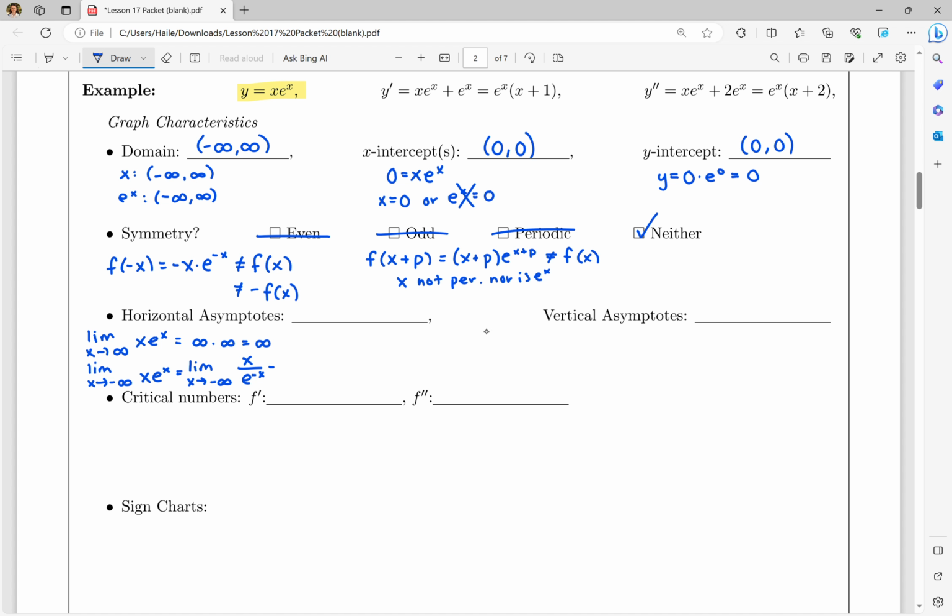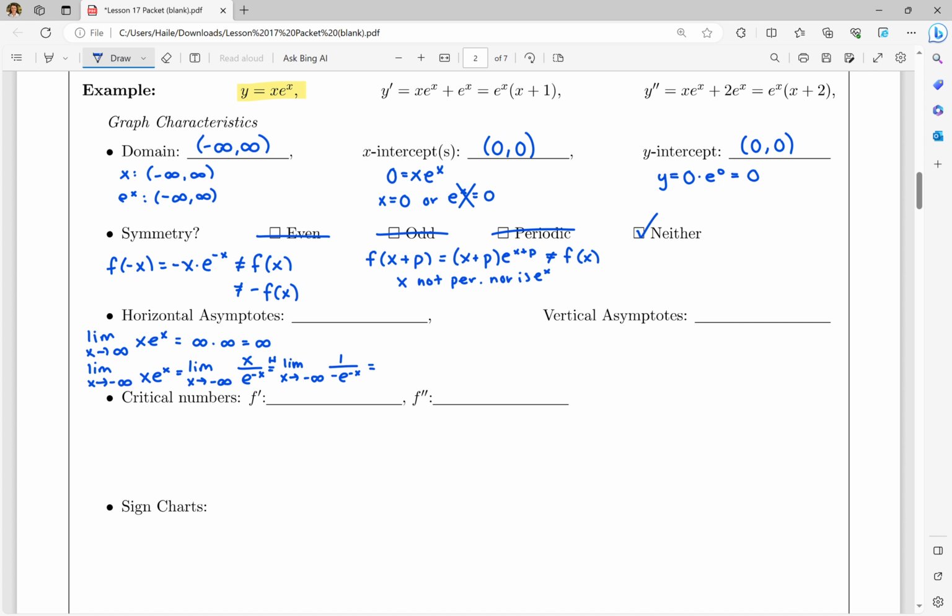So we can use L'Hopital's rule and we get the limit as x goes to negative infinity of 1 over negative e to the negative x. And now if I plug in negative infinity, that will give me 1 over a really big negative number, because e to the minus infinity is e to the infinity.